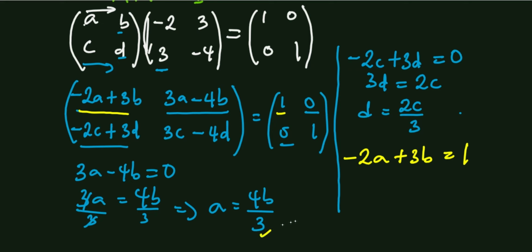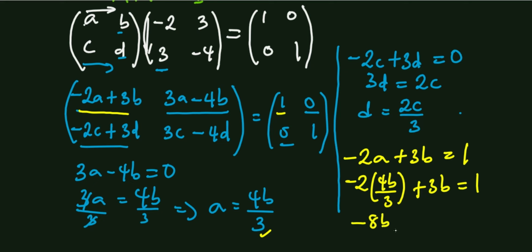So since we know our A is equal to 4B over 3, we substitute. So we have minus 2 into bracket, the 4B over 3, plus 3B is equal to 1. So you have minus 8B over 3 plus 3B is equal to 1.